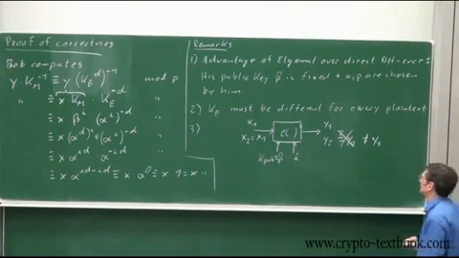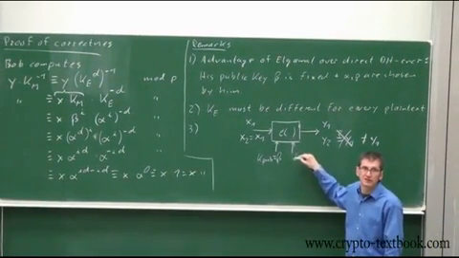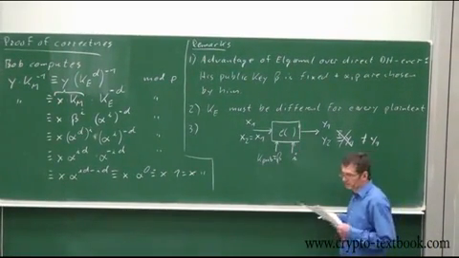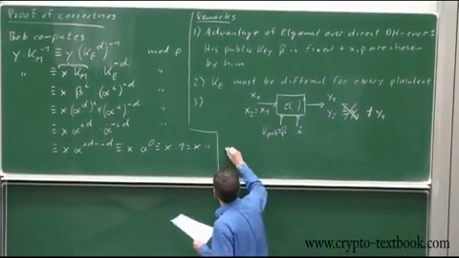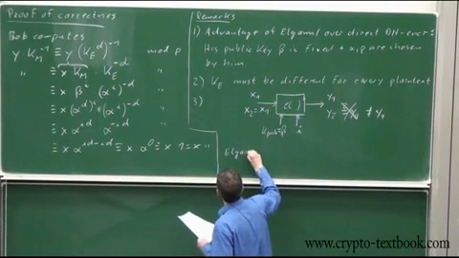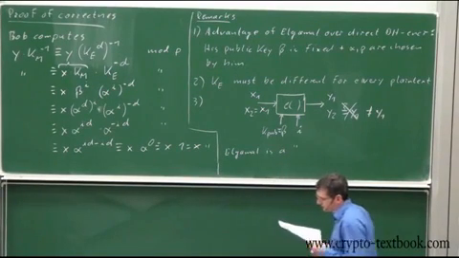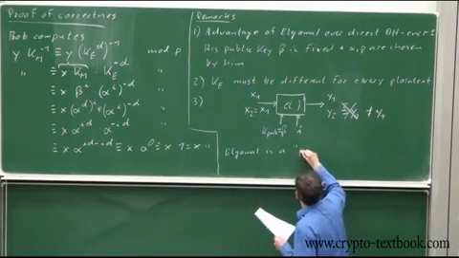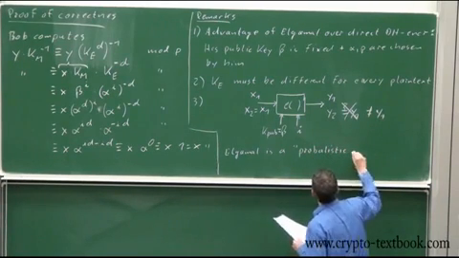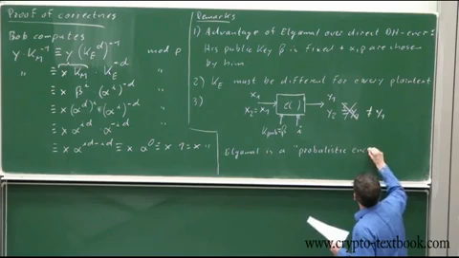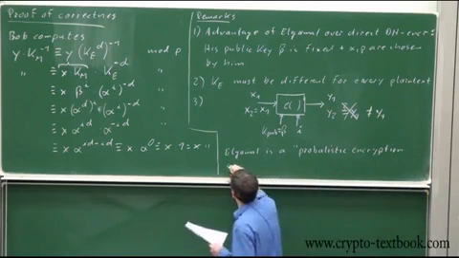E in German, right? And this serves as a randomizer. Okay, this randomizes the encryption here, and a fancy term for that is now Elgamal is a, in quotation marks, because it's a new term, probabilistic encryption scheme.